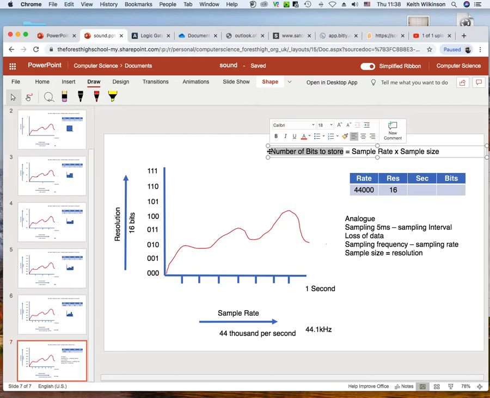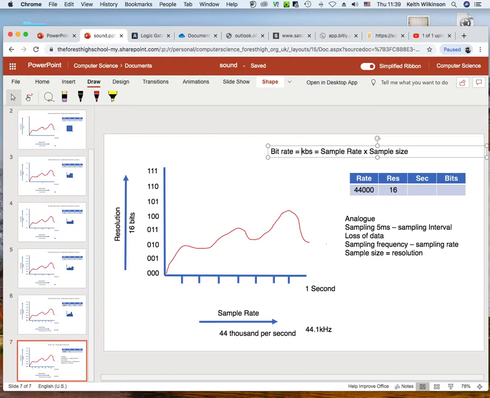This would now be measured in kilobits, thousands of bits per second, and that is known as the bit rate.